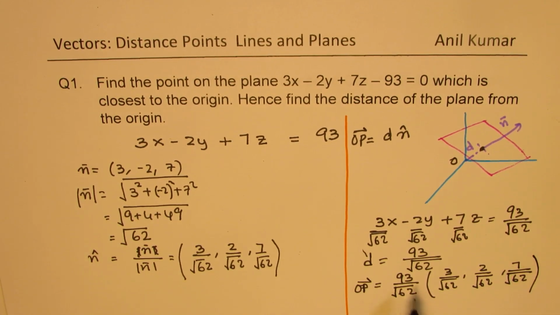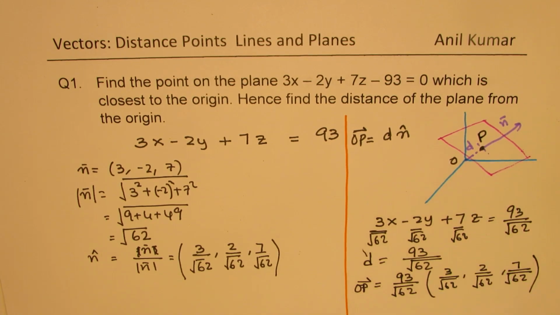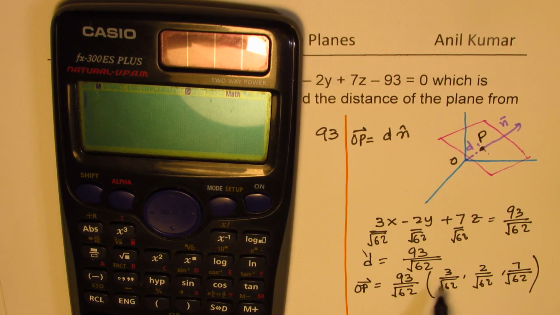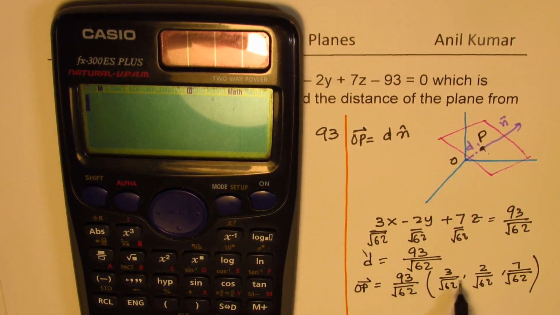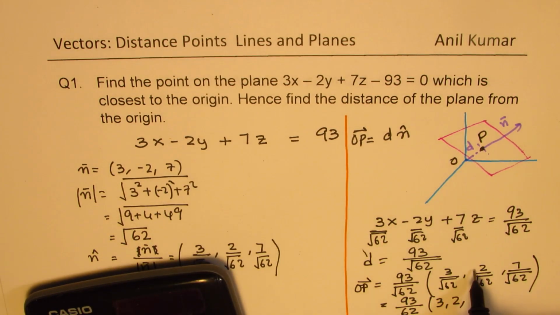So that becomes your position vector OP, where P is the closest point. So let's calculate this, right? We'll multiply 93 by the unit vector. You can take the 62 common, so you get 93 over 62, right? And this is 3, this was minus 2, I'm sorry.